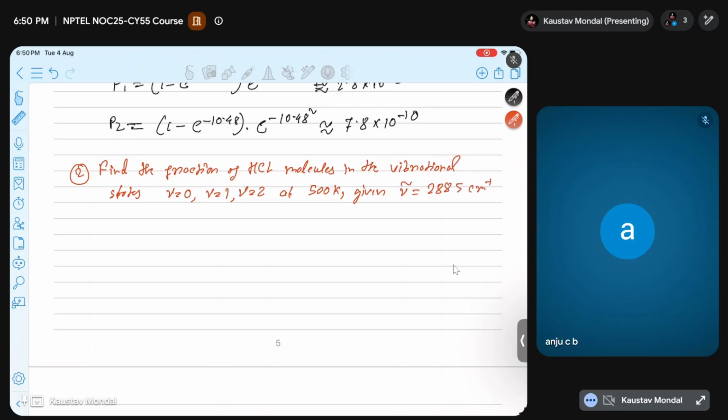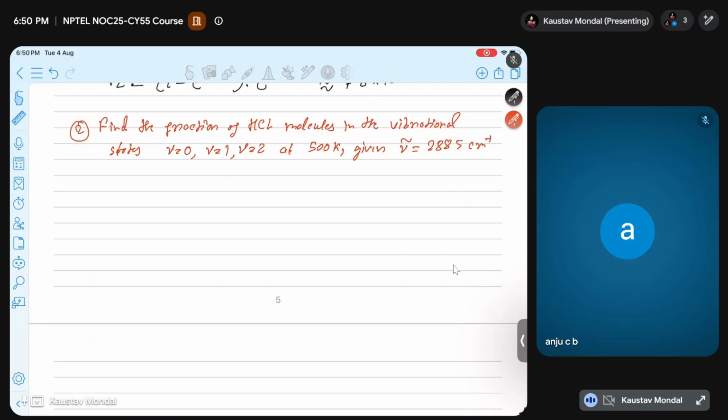So a similar formula has to be used here.